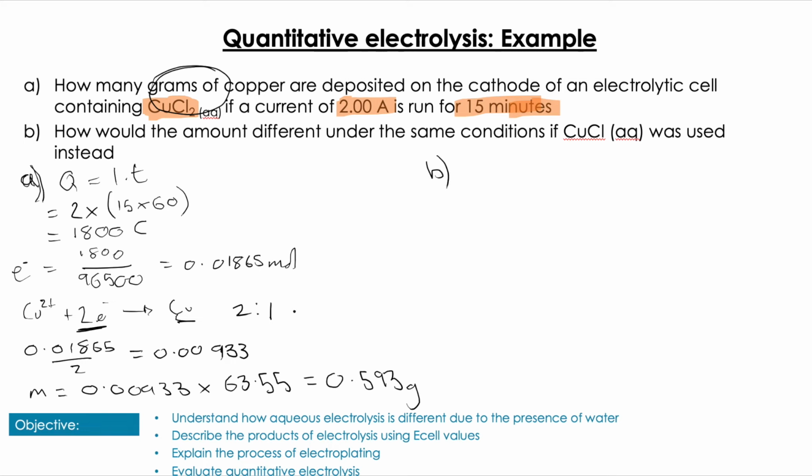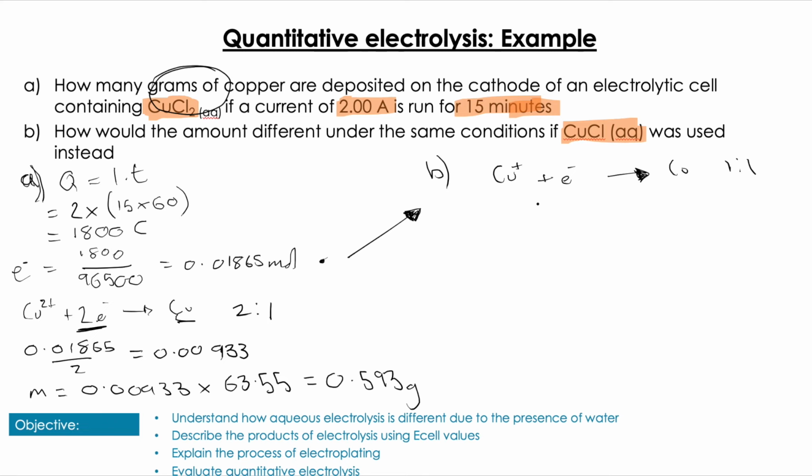Now, part B of this question is asking about the different salt, where copper only has a 1+ charge. So I'm still going to use the same amount of electrons because the electrolysis works for the same amount of time, but now the charge on my copper is different. So the new equation is only going to require 1 electron per mole of copper solid form. So it's a 1-to-1 reaction.